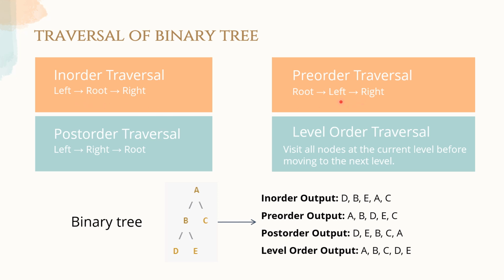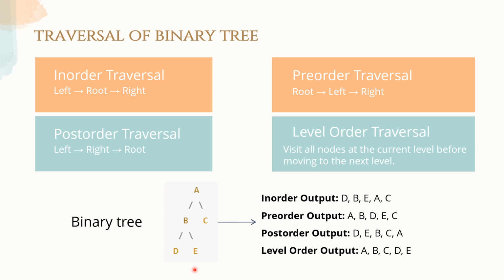In the pre-order, we'll visit the root node first, then we'll go for left tree and right tree. In the post order, we'll go for left, then we'll go for right tree, then we'll meet the root. The level order will visit all the nodes at the current level before moving to the next level.